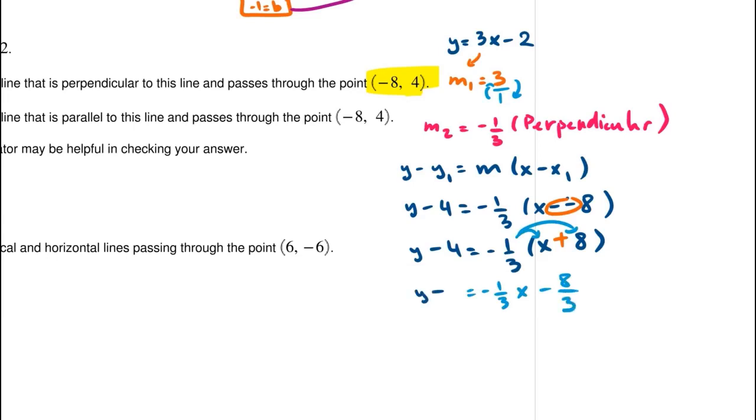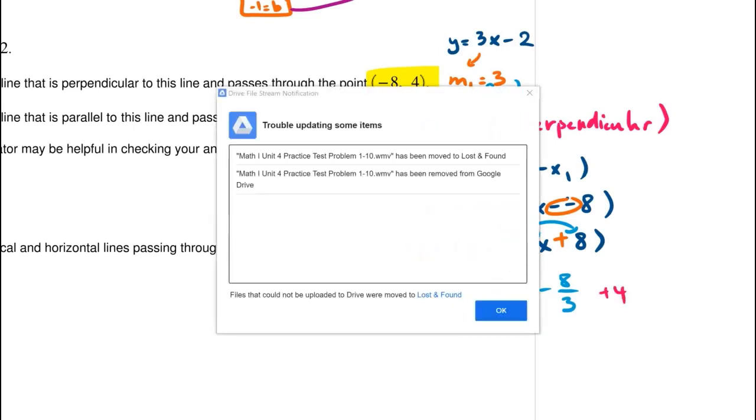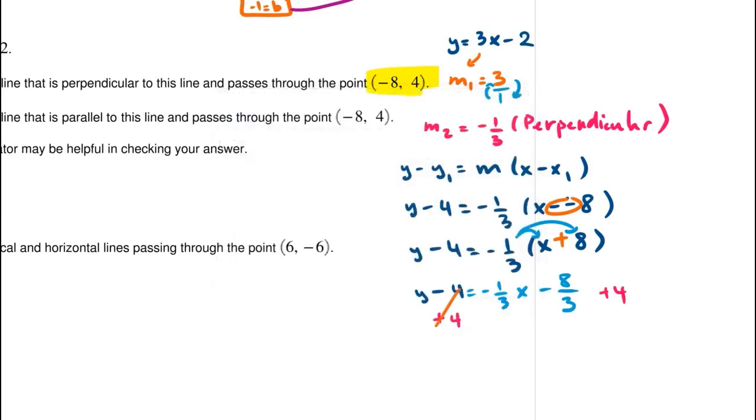And bring down y minus 4. To get y by itself, we're going to add 4 on both sides, so that cancels out. y equals negative 1/3 x minus 8/3 plus 4. This is 4 over 1.